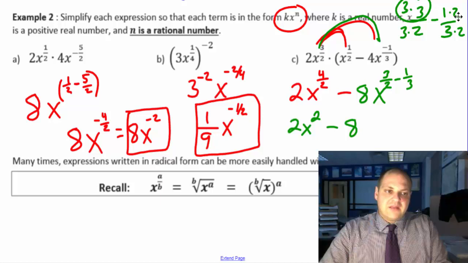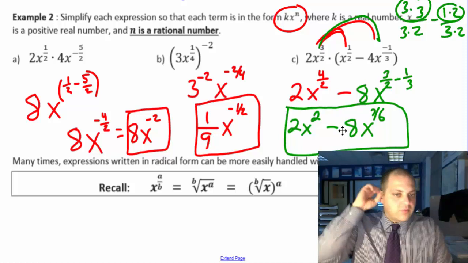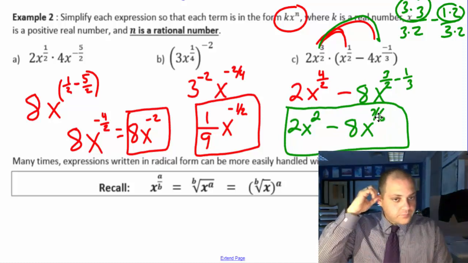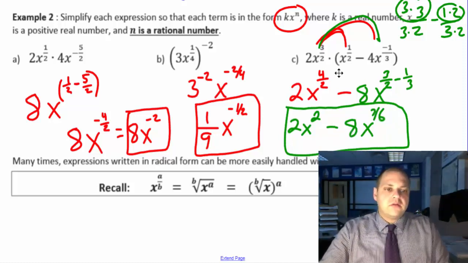That's 9 minus 2. So 7/6, x to the 7/6. So 2x squared minus 8x to the 7/6 would be that one right there. Now notice you can't combine because you don't have like terms there. Same thing here, you don't have like terms.